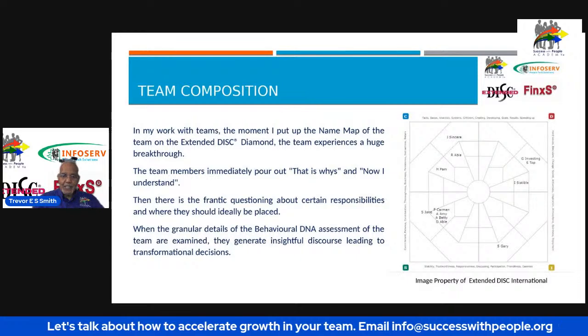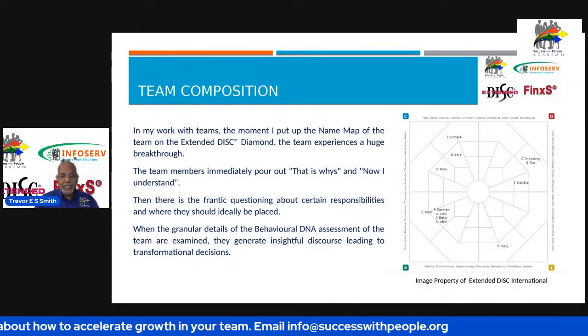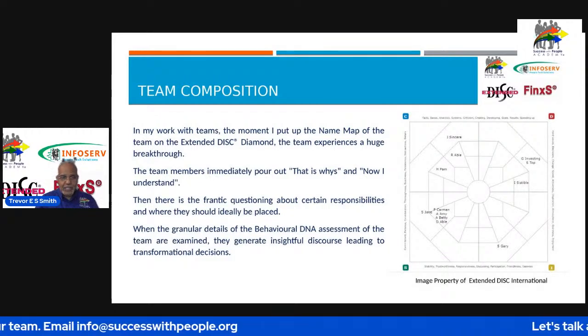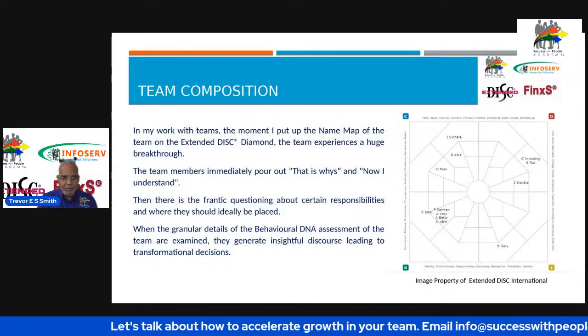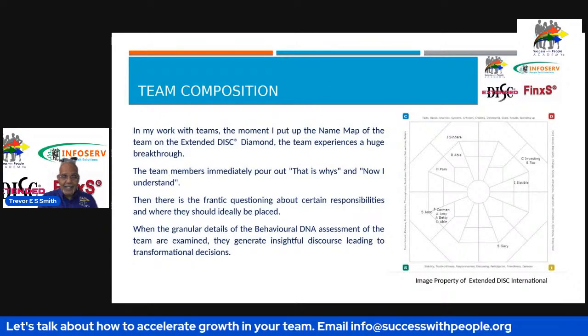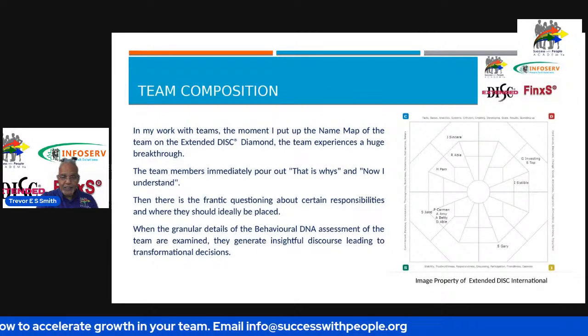So that happens because the map actually speaks to how we process information. I like to say that we are given different toolkits in order to navigate through life. So these bags of tools that we have, on the Extended DISC diamond, for each quadrant, there are 40 unique bags of behaviors that I specifically identified.